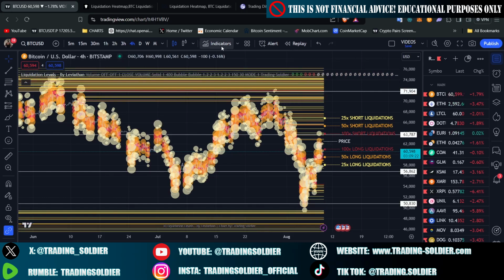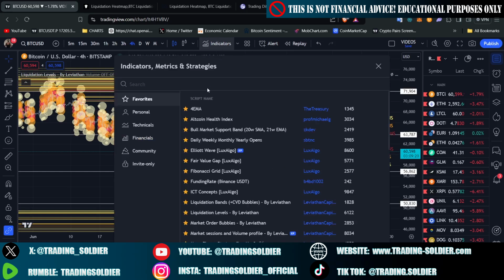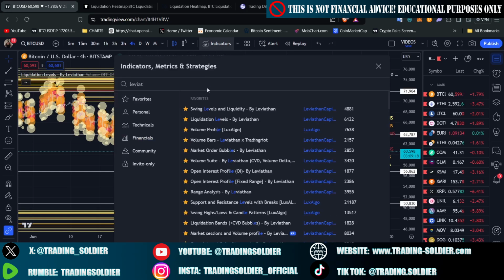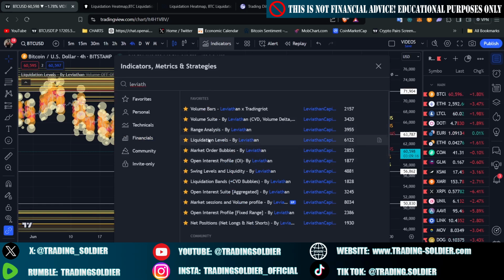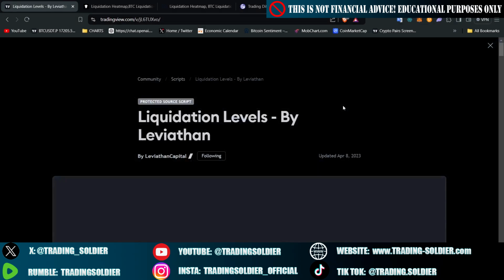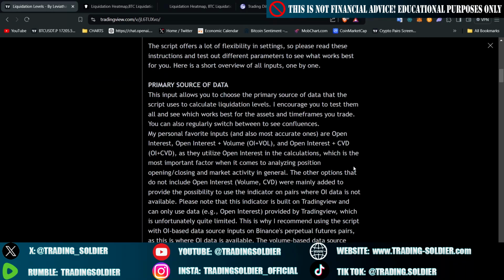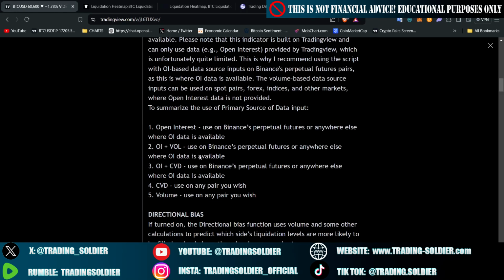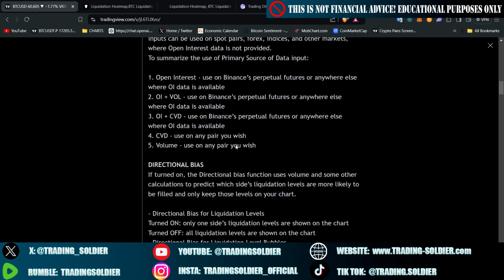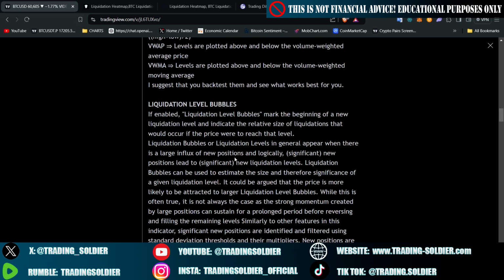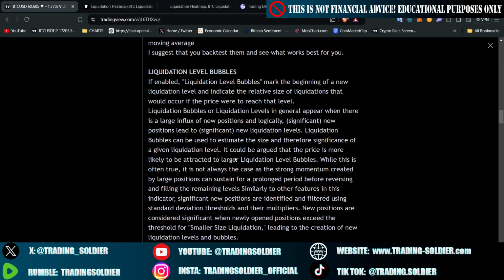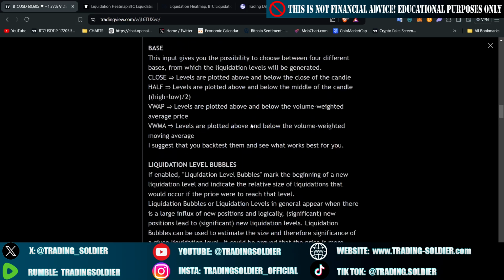You can search in the indicators tab on TradingView for Leviathan, and you will find Liquidation Levels by Leviathan Capital. This one now has almost 6,000 people using it, and it has an in-depth explanation on how it works. As I said before, it uses the open interest, the volume, and the CVDs to calculate the approximate liquidation levels of high leverage traders.